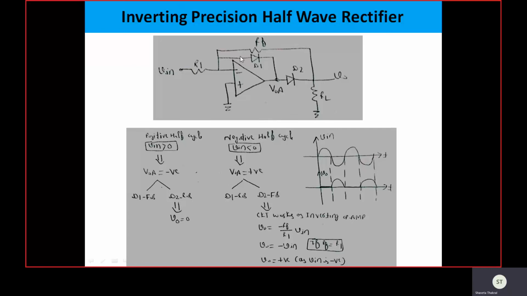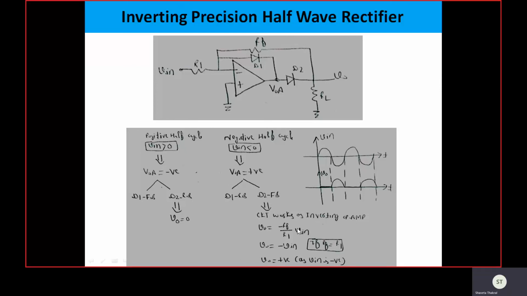Now we assume that D2 is not connected here, as it is reverse biased and an open circuit. We can see the circuit as having the input resistance and the feedback resistance, with the input applied to the inverting input terminal and the non-inverting input terminal grounded. So here the circuit works as an inverting operational amplifier.